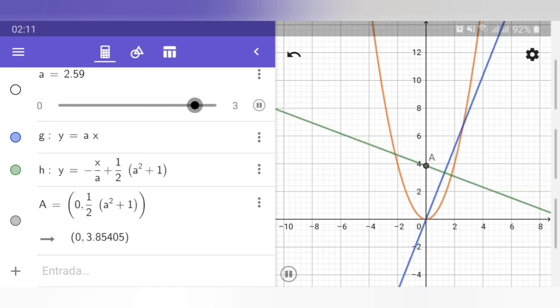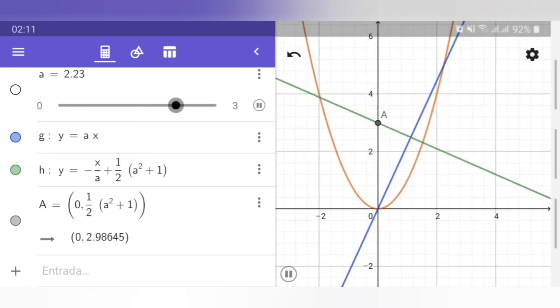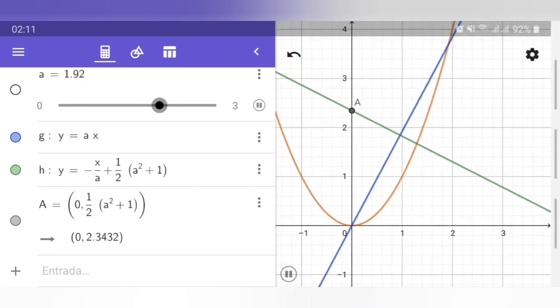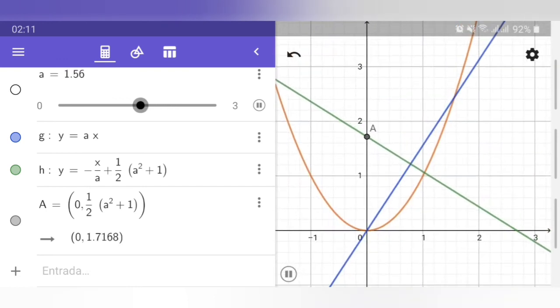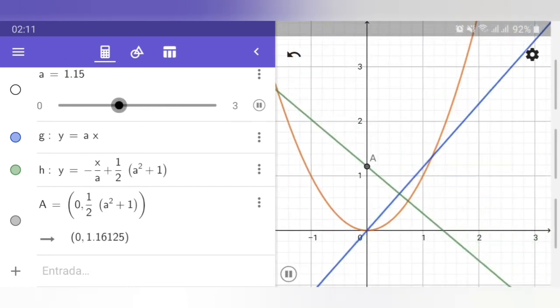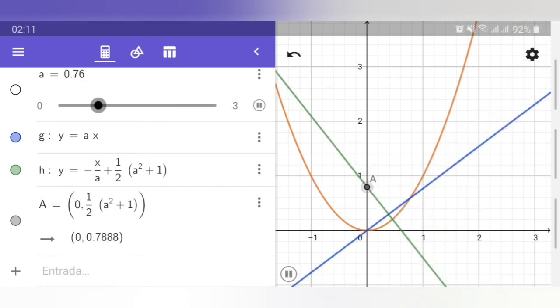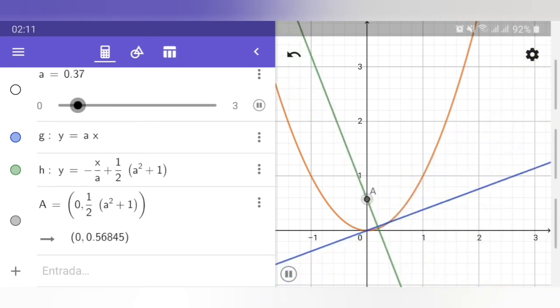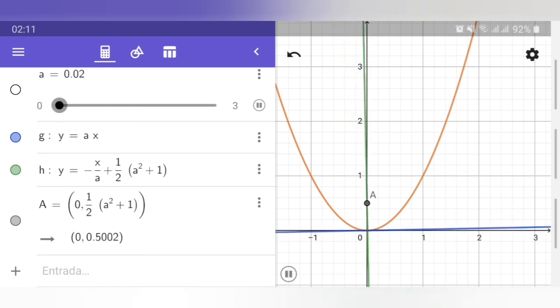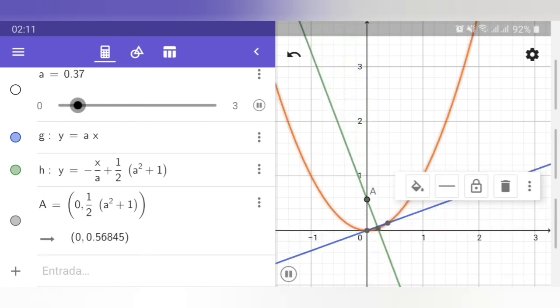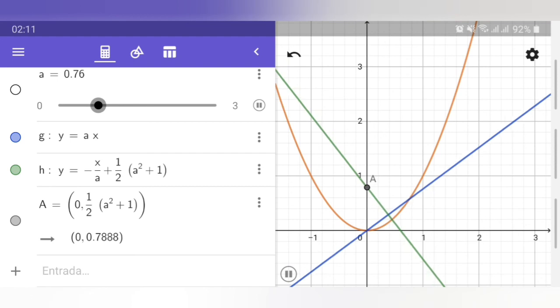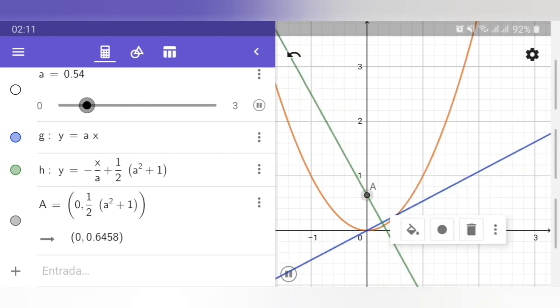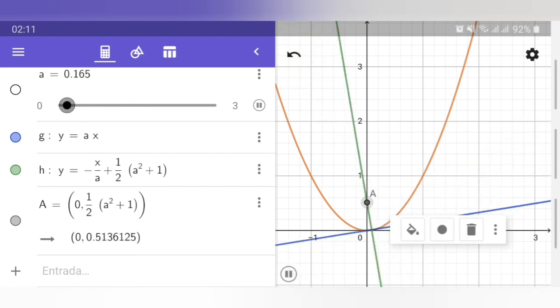Try to compute these functions first before watching me do it, okay? So now it's going down, because this is the point that's going down. As this point approaches 0, it's approaching 0.5. Very interesting, right? Okay, you see, it doesn't approach 0 as you might expect it to.